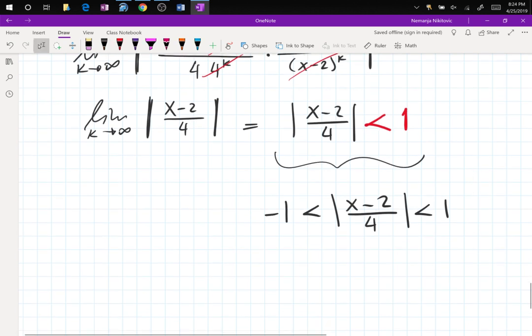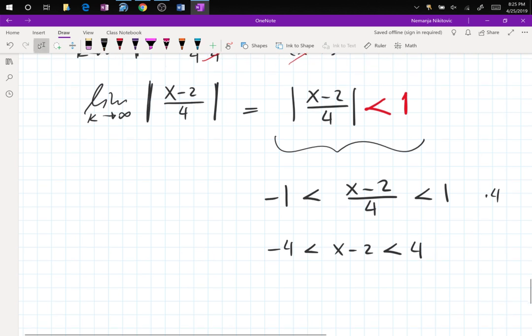It becomes a triple inequality, and no absolute values. You write the triple inequality to kill the absolute values. Times 4 everywhere. So it becomes negative 4 less than x minus 2 less than 4. And then you add 2 everywhere to get x alone. That's your job.